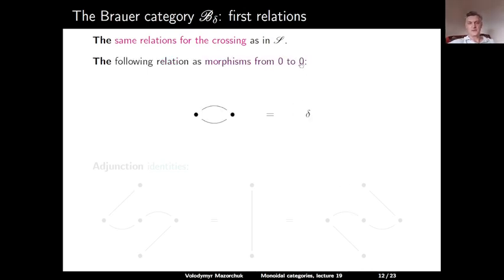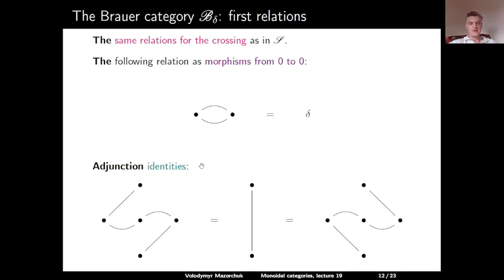Next, we have the following relation for the morphism from 0 to 0. If we start from 0, we can do first the cup and then the cap, and this will be a morphism from 0 to 0, and this morphism should be equal to delta times the identity morphism on 0.